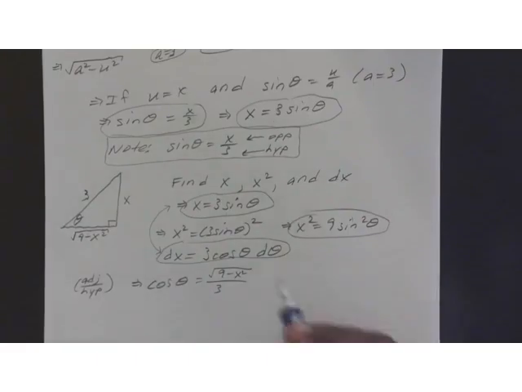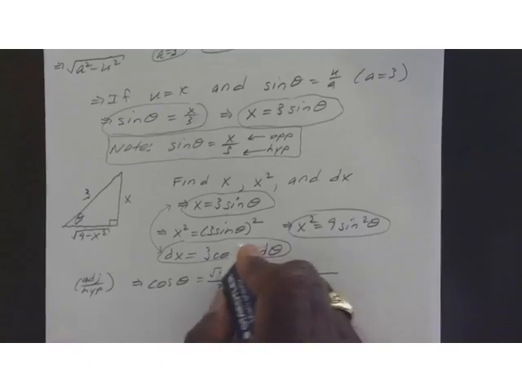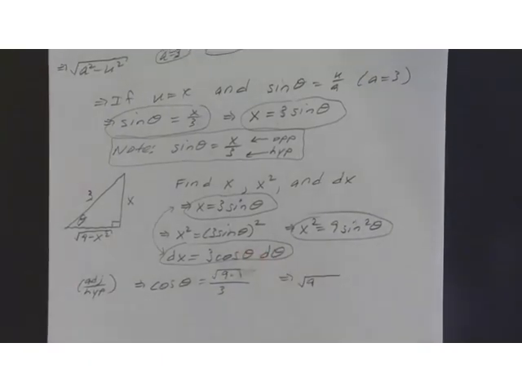So if we multiply both sides by 3, you have the square root of 9 minus x squared is equal to 3 times cosine of theta. And we'll finish it up on the next page.